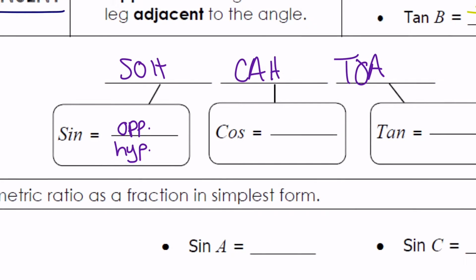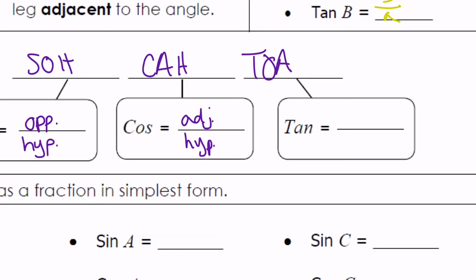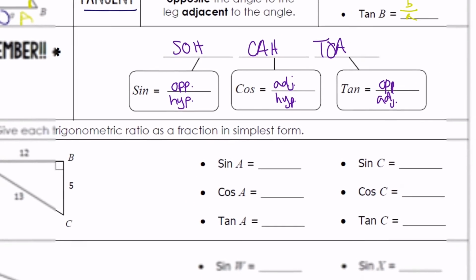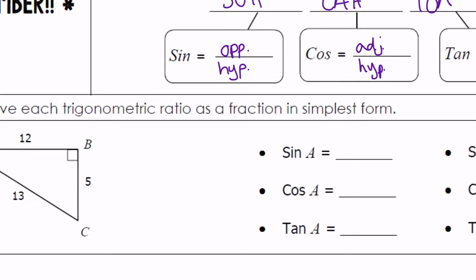CAH, which is the cosine, is equal to the adjacent over the hypotenuse. And TOA, which is the tangent, equal to the opposite over the adjacent. So, SOH, CAH, TOA. Remember this. It's very important to remember.